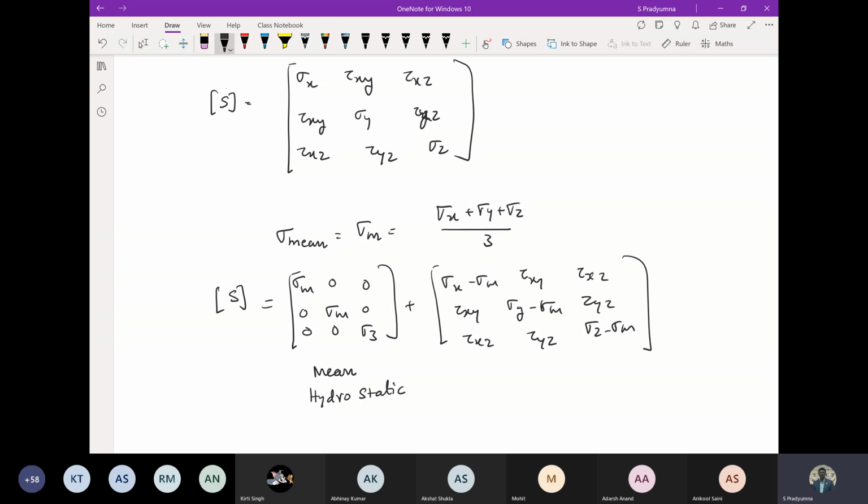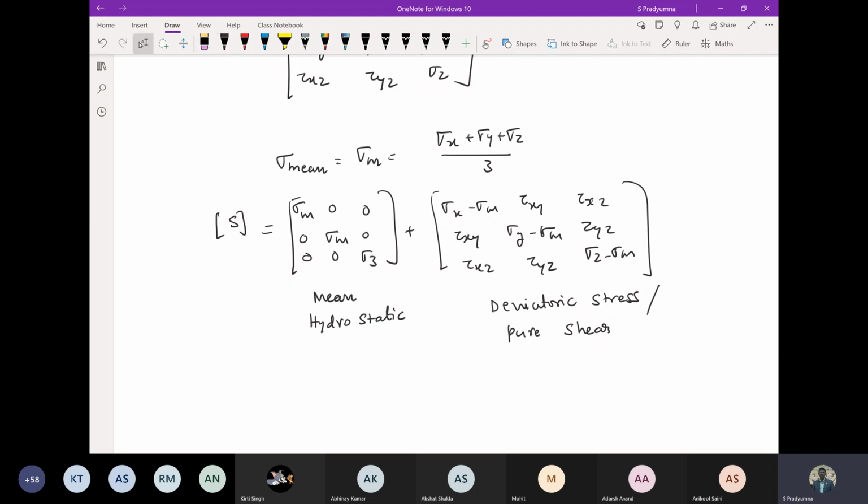And the second component we call the deviatoric stress, or I can also call this pure shear. Okay, so these are also another important aspect when we consider the failure of the material, failure of the component, because of, sorry, yeah, go ahead.